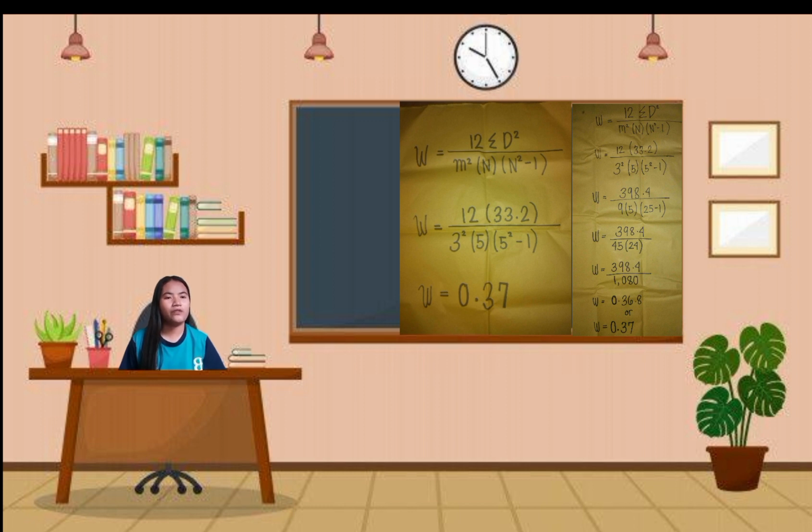So, 398.4 divided by 1,080 is equals to 0.368 or 0.37. So, the Kendall's W coefficient of 0.37 is an estimation of the agreement of the 3 raters in the 5 demonstrations. There is a moderate concordance among the 3 raters because the coefficient is far from 100.